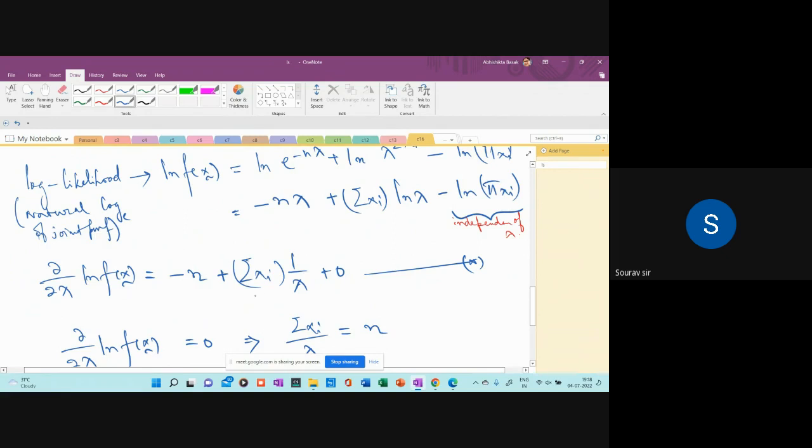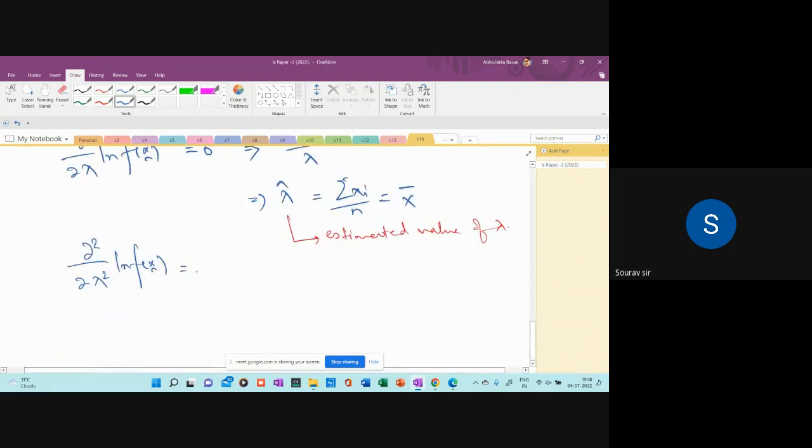If you look carefully, this term again is independent of lambda, so it goes out of the summation, and we are left with only the derivative of summation xi into 1 by lambda. That gives summation xi into minus 1 by lambda square, and I have to evaluate this at lambda hat equals x bar.